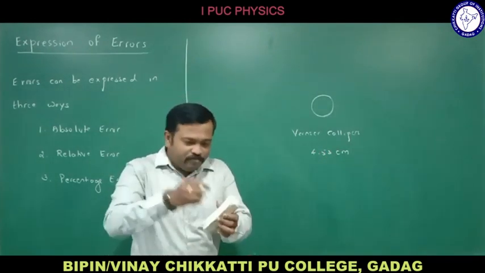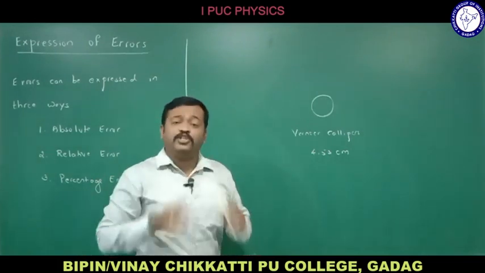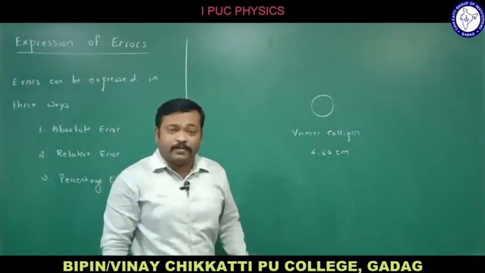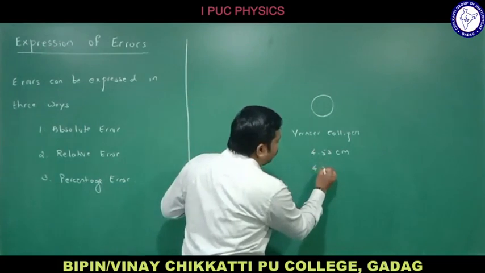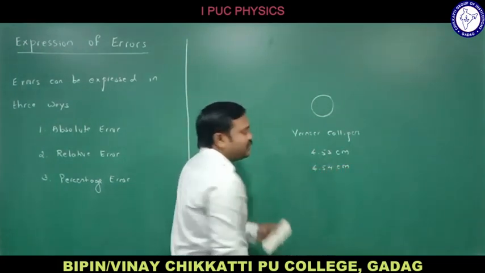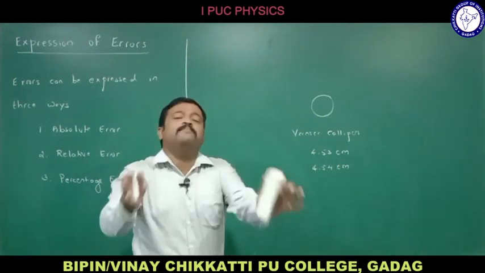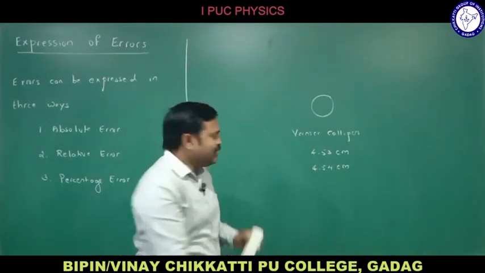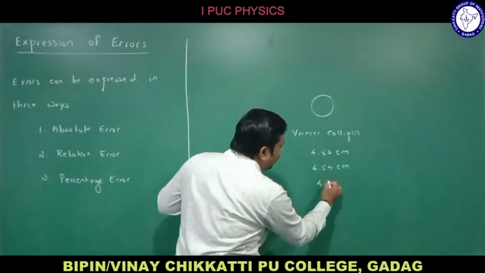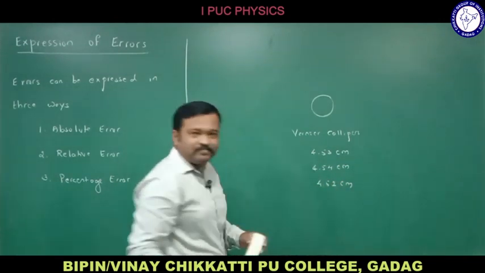If I remove the sphere and measure the diameter again, the second time I got the reading 5.54 centimeter. Now if I do the same measurement once again, the third time I got the result 5.52 centimeter.